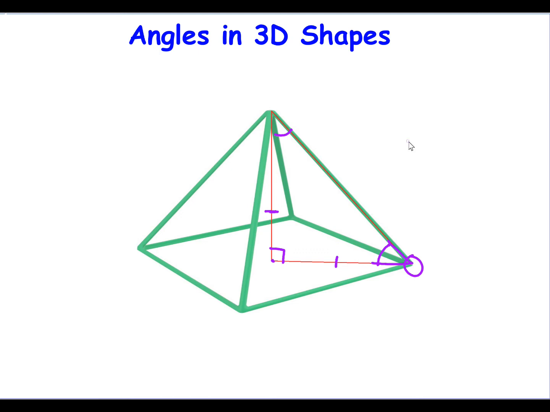So we know the angles inside a triangle add up to 180. We know this angle here is 90. So it leaves us with 90 degrees we have to split evenly between the other two corners or angles. So in this case, this angle would be 45 degrees, providing this and this are the same length.